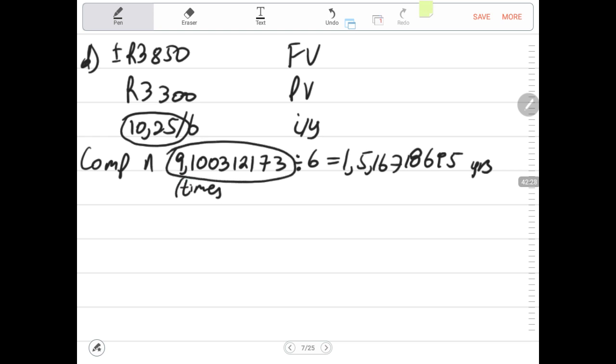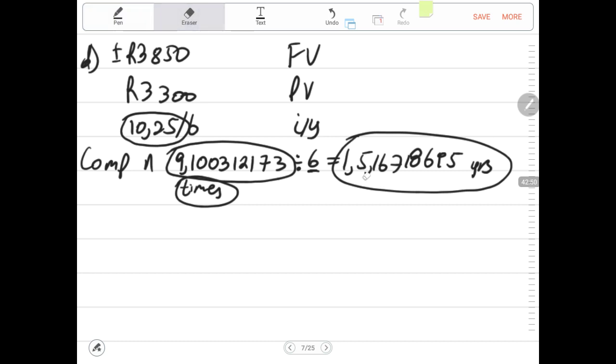This is the number of times in which the interest was compounded. Therefore, dividing that by 6, which is the number of compounding periods in a year, will give us the years, meaning this amount must have been invested over a period of 1.56 years. So now this is the final answer.